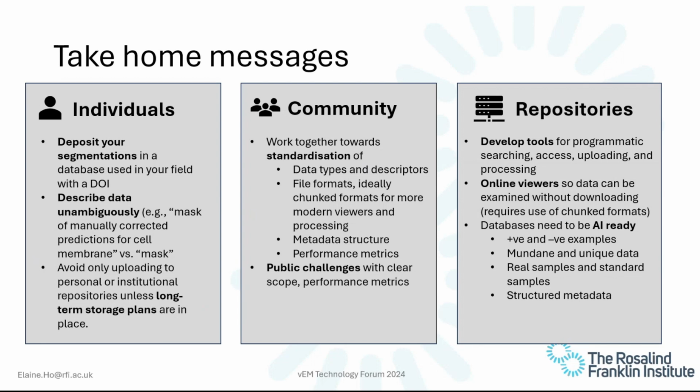So especially on this slide, you mentioned this plus VE and minus VE examples. What are those? Oh, right. Okay. That refers to positive and negative examples. So for example, if you were developing a software tool, I would like to see which examples worked and which examples didn't.